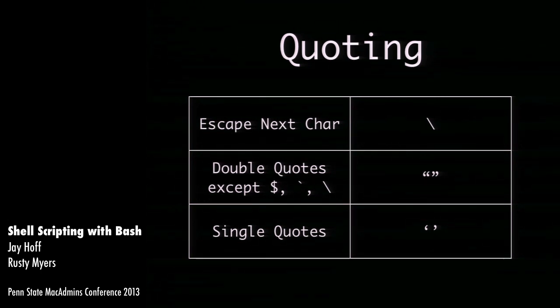So, rm star, remove everything. Whoops. So how do we tell the shell, no, it's a file name, just remove that file name, don't actually treat it as a special character? We do that by quoting.